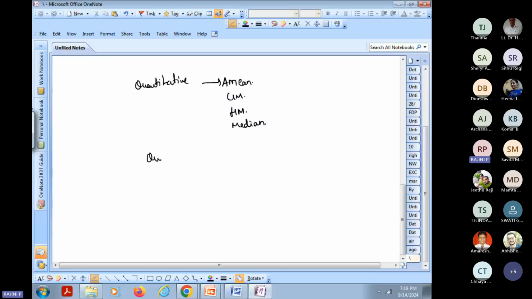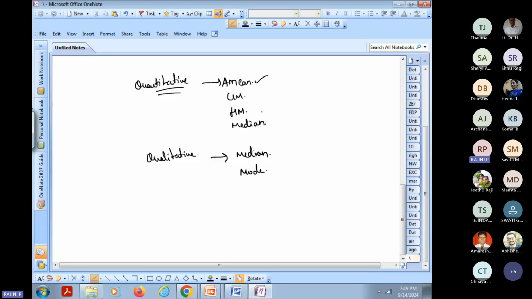And if the data is qualitative, to find the average or the center value, we can use either the median or the mode, right? So these are the methods you need to apply. Now again, there will be a question. If the data is quantitative, one method is enough. Why are we moving to so many methods, right?